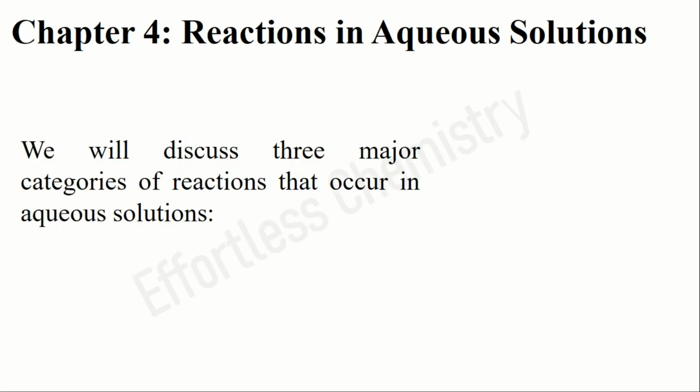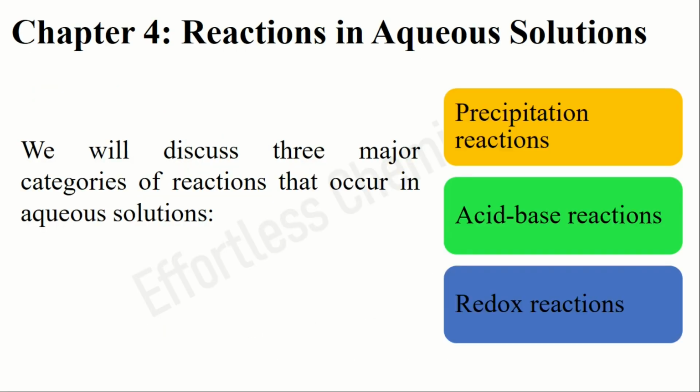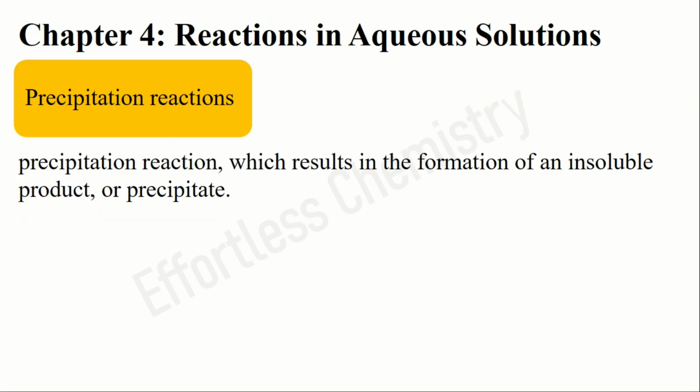Okay, from now we will discuss three major categories of reactions that occur in aqueous solutions: precipitation reactions, acid-base reactions, and redox reactions. In this lesson, I only focus on precipitation reactions. From the next lessons, I will teach you the other reactions in aqueous solutions.